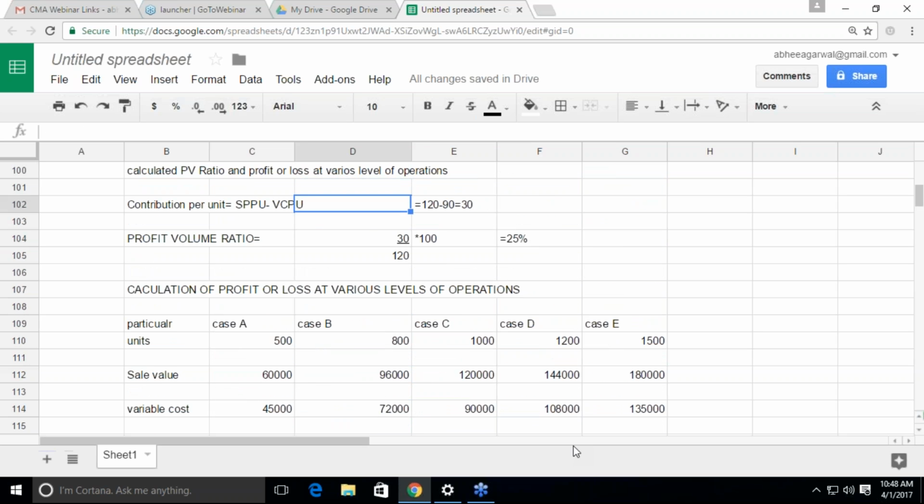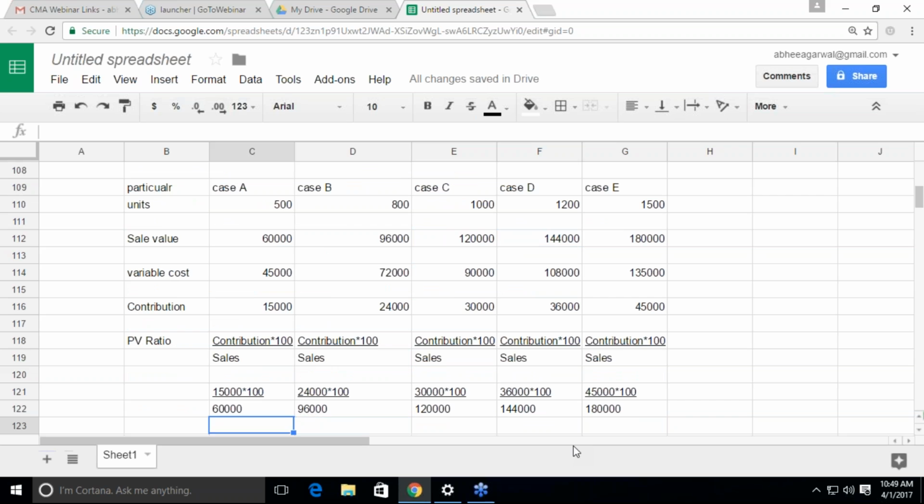So your PV ratio is 25%, which we calculated already. I again calculated at various levels, your PV ratio is 25%.